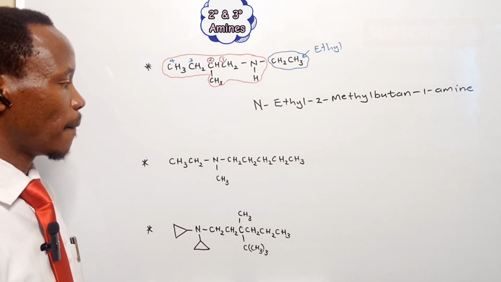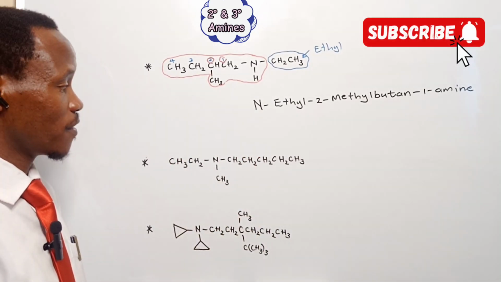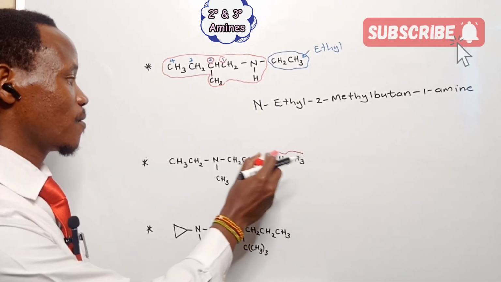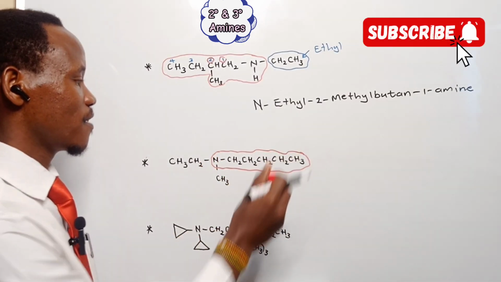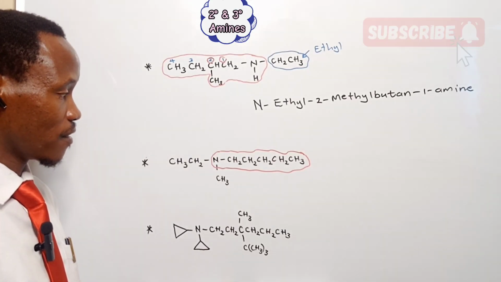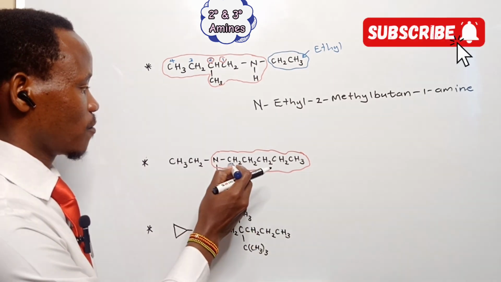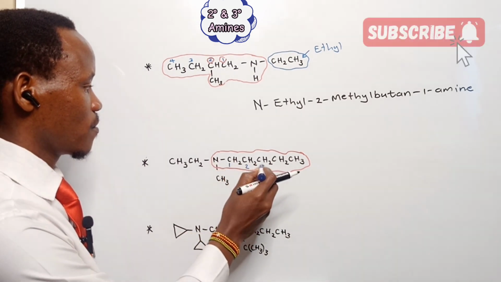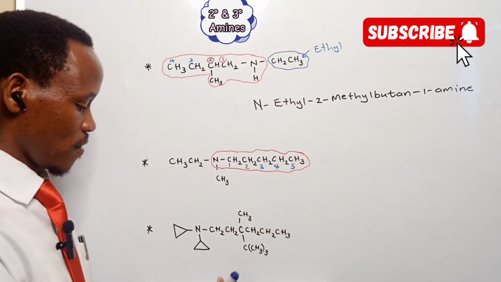The second example mandates that we should identify the longest of these three. Therefore, this is the longest and becomes our parent chain. After becoming our parent chain, we assign numbers to that parent chain, starting from here. So position 1, 2, 3, 4, 5.